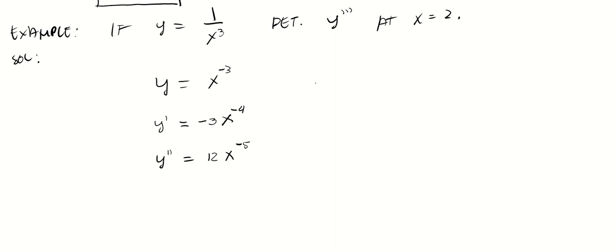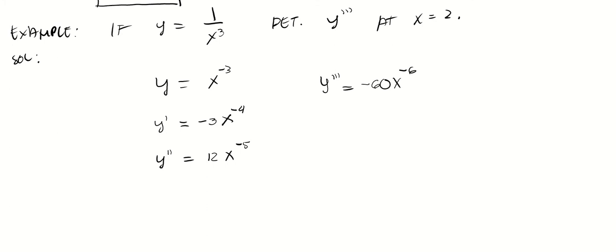And for the third order, y triple prime, this will be equal to negative 5 times 12, and that is equal to negative 60. And x raised to negative 5 minus 1, that's negative 6.